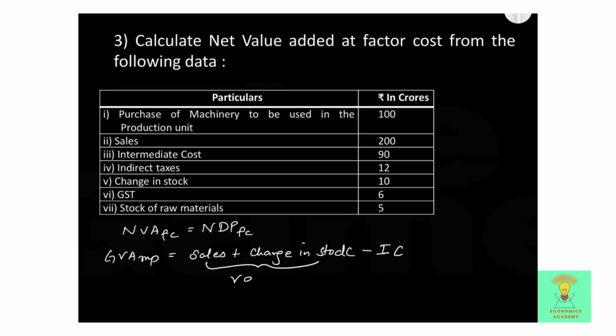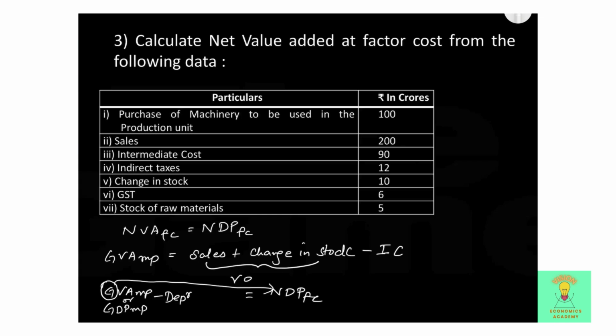Now, from GVA MP, if we want NDPFC, from GVA MP or GDP MP, if we want NDPFC, from gross to net, we subtract depreciation, right?